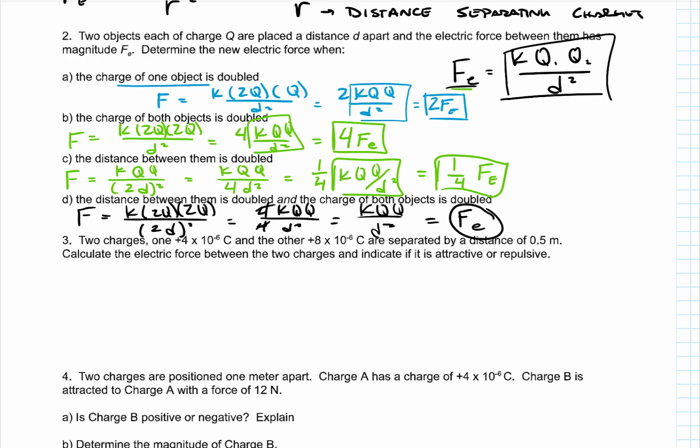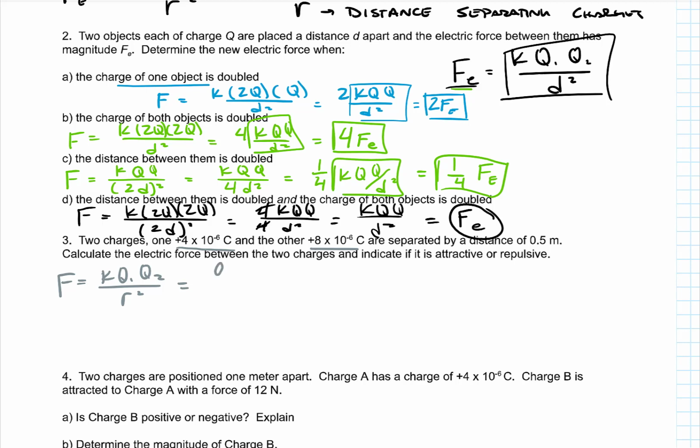So now I have two charges. Here are their sizes: 4 times 10 to the negative 6, 8 times 10 to the negative 6, separated by half a meter, and I want to know the force between them and if it's attractive or repulsive. So to get the force, that's going to be KQ1 times Q2 over the distance separating them squared.